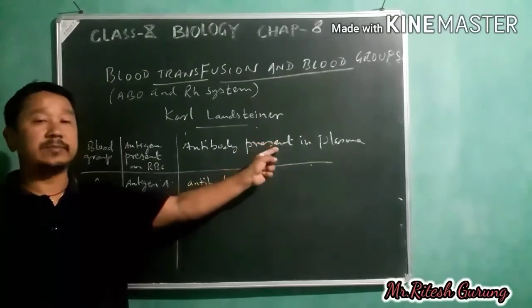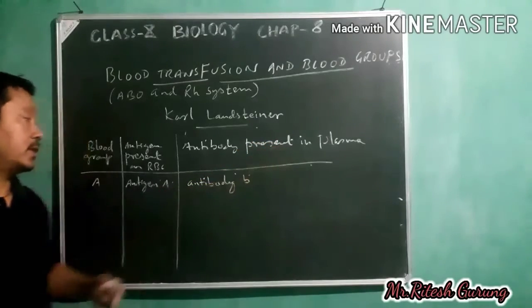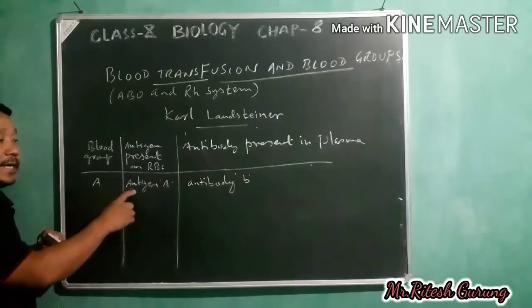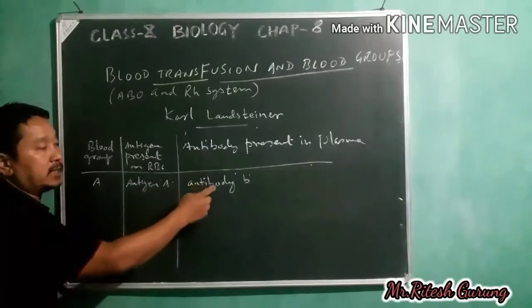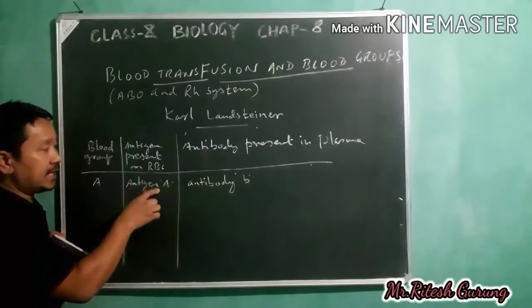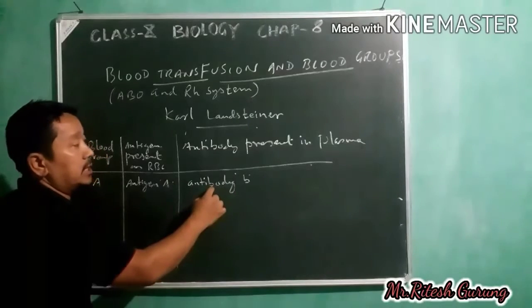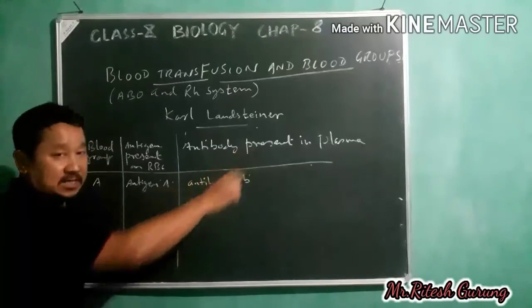See here, blood group A contains antigen A and antibody B. So antigen A is present on the surface of RBC and the antibody is present in plasma.